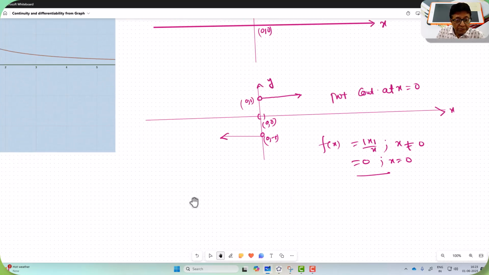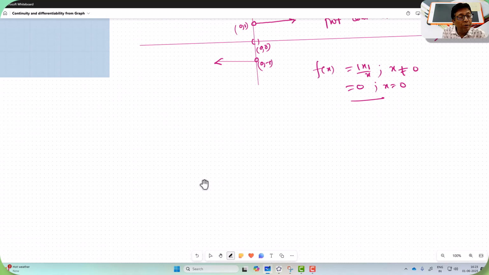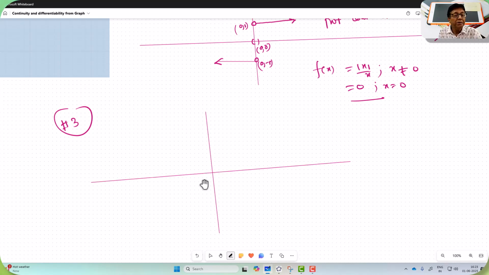Now, consider another example. I am drawing the graph of the function f(x) equal to 1 by (x minus 3). Will I be able to draw the graph of the function everywhere? No. At x equal to 3, I won't be able to draw the graph of the function. x equal to 3 becomes a vertical asymptote to the function.